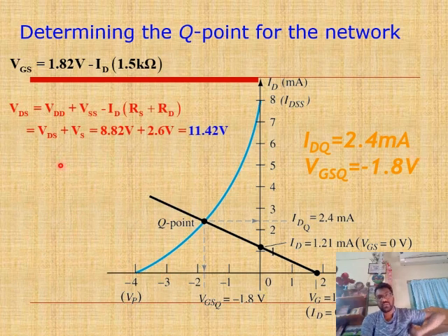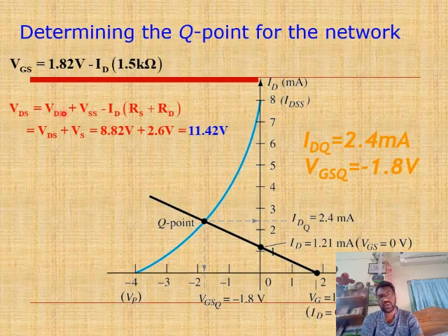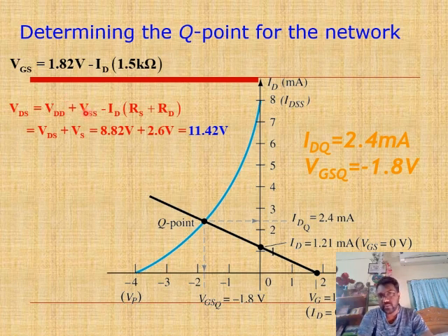Okay, now how to draw the load line here? VDS equal to VDD plus VSS minus ID into RS plus RD. VDS is the drain to source voltage, and VDD is the main power supply, and VSS is the voltage at source, minus ID, the drain current, into RS plus RD, the source resistance and drain resistance.